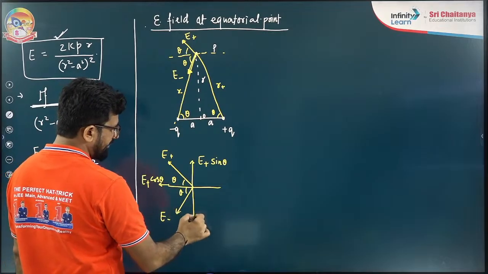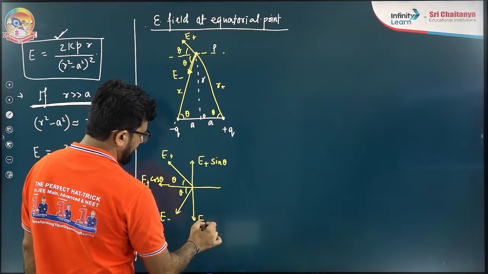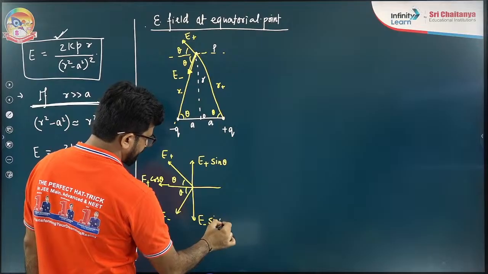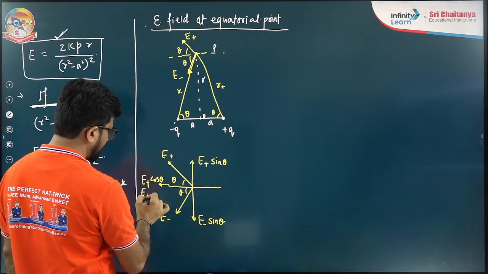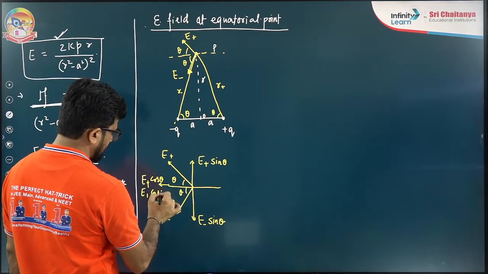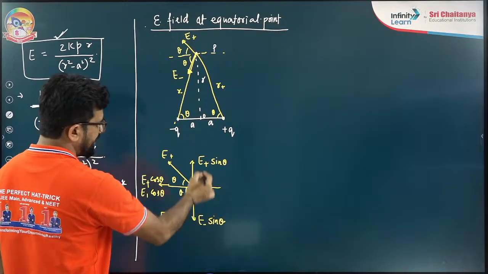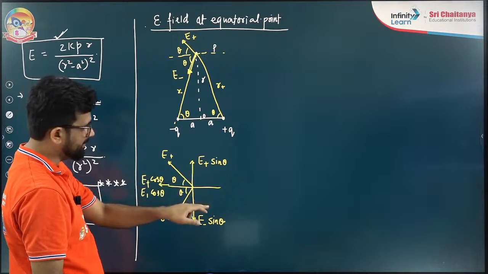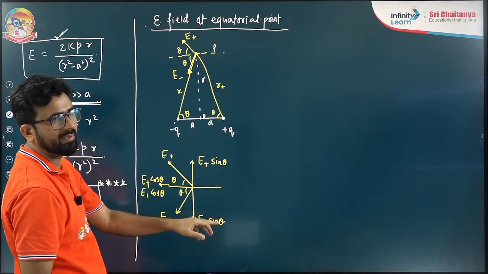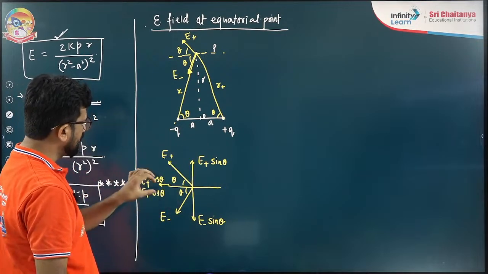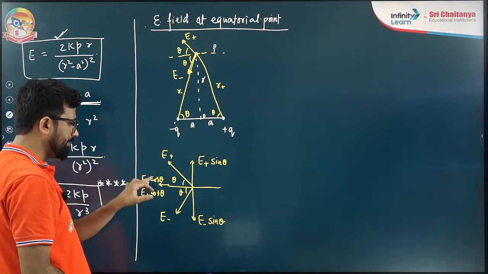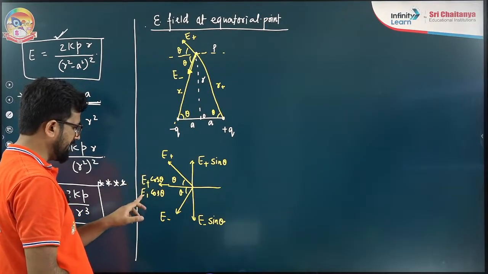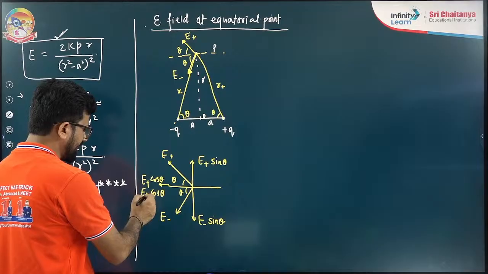This is E negative sin theta, and here E negative cos theta. Since E positive and E negative are numerically the same, E positive sin theta and E negative sin theta cancel each other. So what is remaining? E positive cos theta and E negative cos theta. These two terms remain.